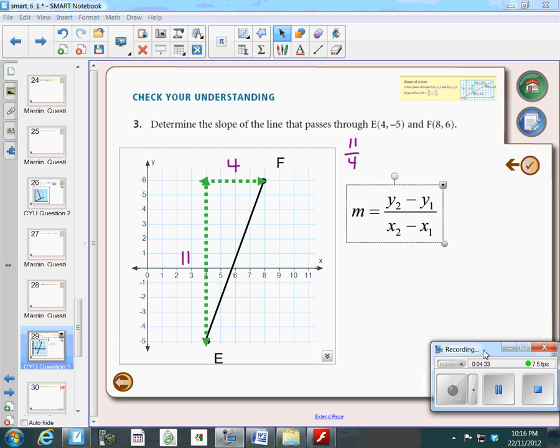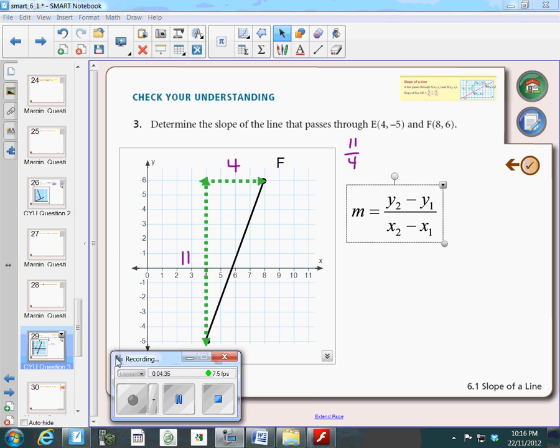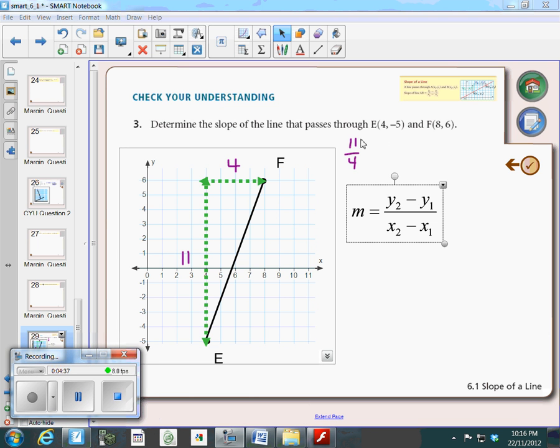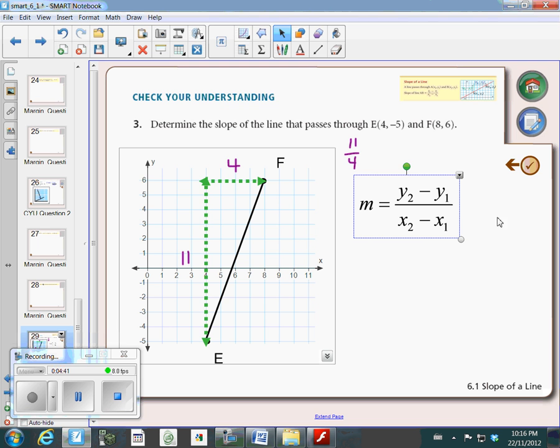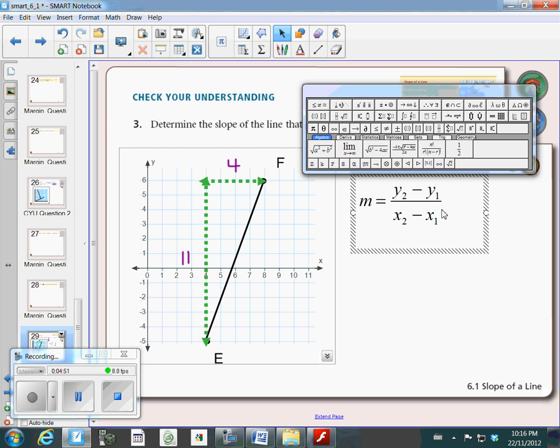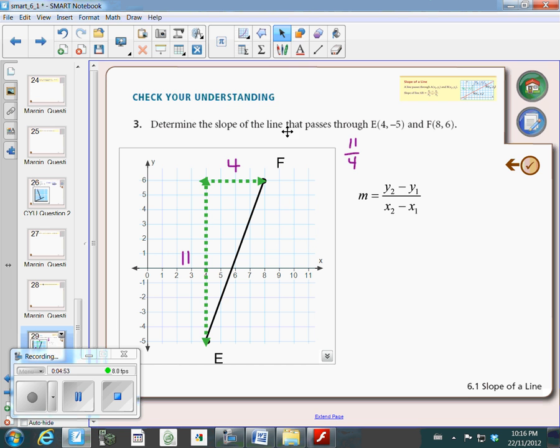So let's use that slope formula in this exact example just to confirm that that slope is indeed 11/4. And algebraically, we need to know how to do this. So as the video showed you, the slope, represented by the letter m, is equal to the difference in the y values over the difference in the x values. So if we were to work this through, let's now label our points consistently.